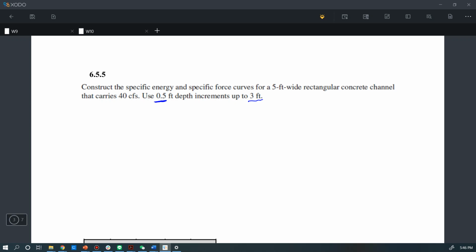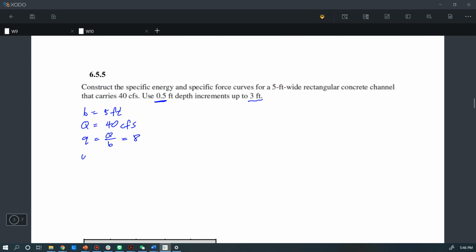Okay, so let's first write down the information. We have the channel width equal to 5 feet. Okay, and carry the flow rate equal to 40 cfs. So we can also calculate the flow rate per unit width equal to 8.